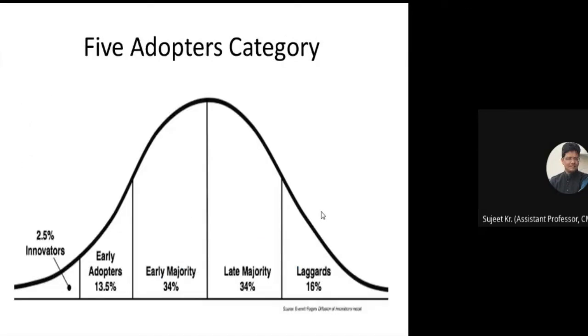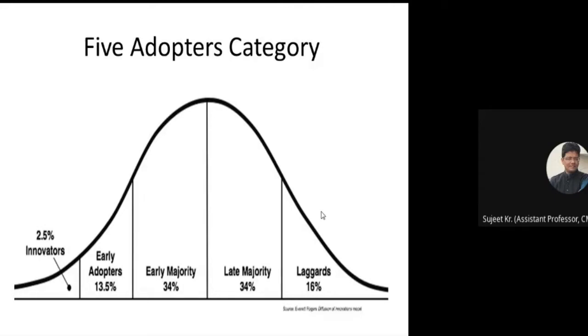Now, some people may adopt it fully, some people may not adopt it, some people may wait for others to adopt it first, then they will follow them. So there are various categories of adopters, right? Rogers classified these adopters into 5 categories.